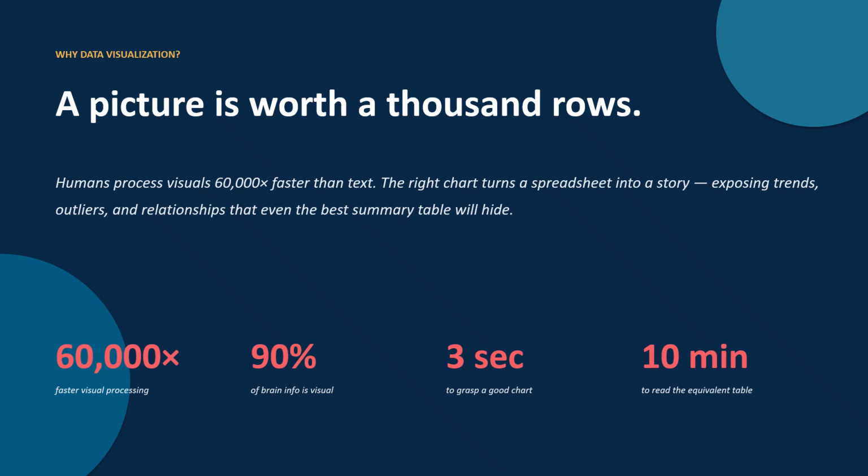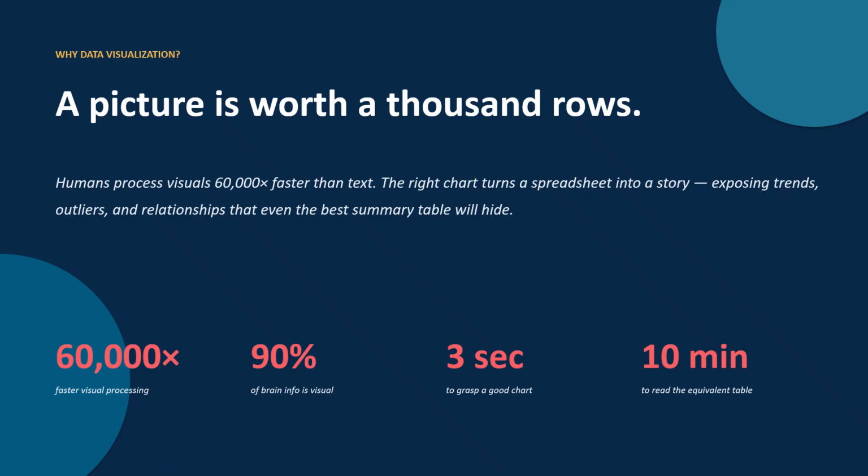Look at the statistics on this slide. 90% of all the information sent to the brain is visual. A well-designed chart will take just 3 seconds to understand, while the same information in the form of a table might take 10 minutes or more to absorb. Let us consider a real-world example.